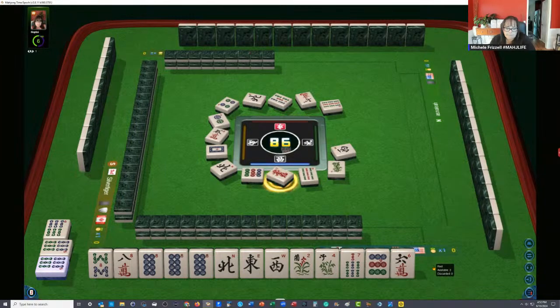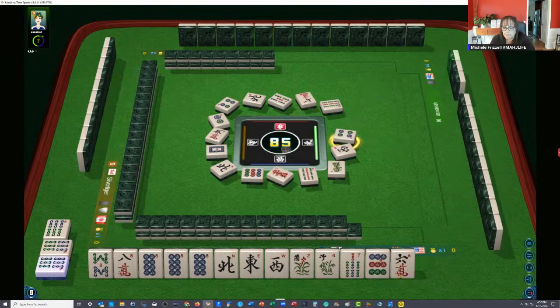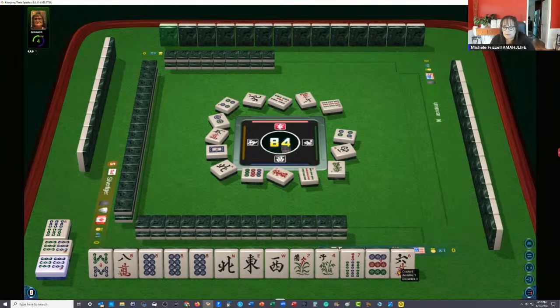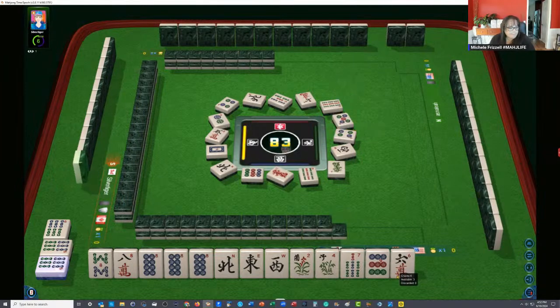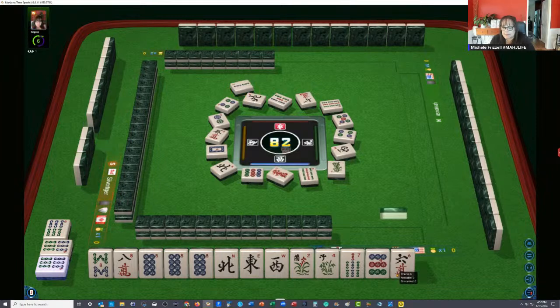Red dragon. Four dots. 5 dots. 2 bamboos. Okay, 4 dot was already out.